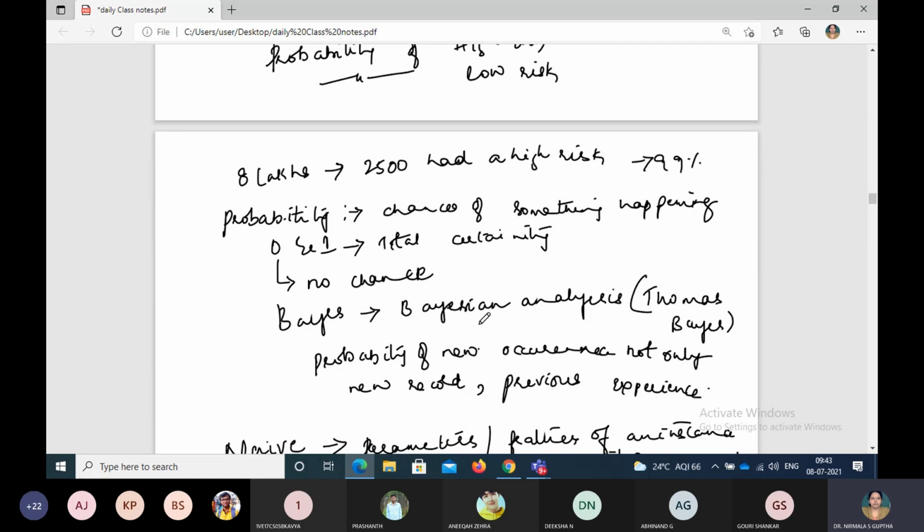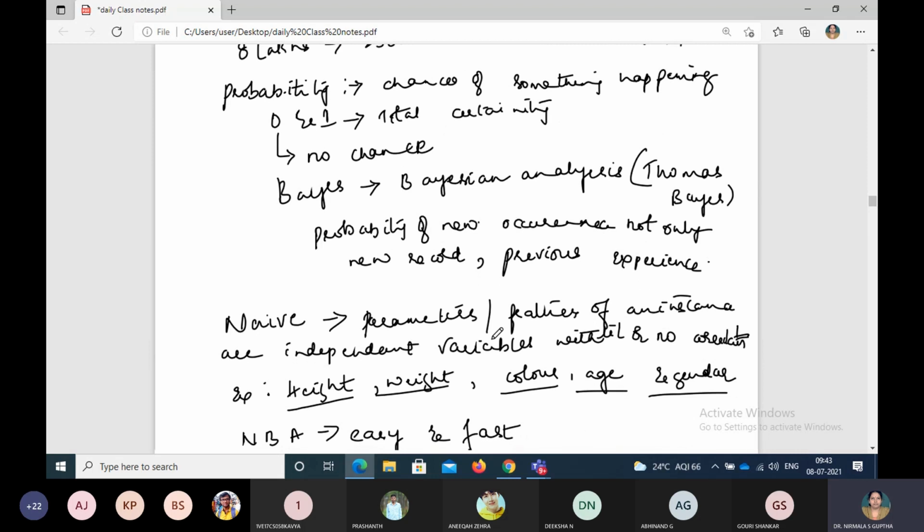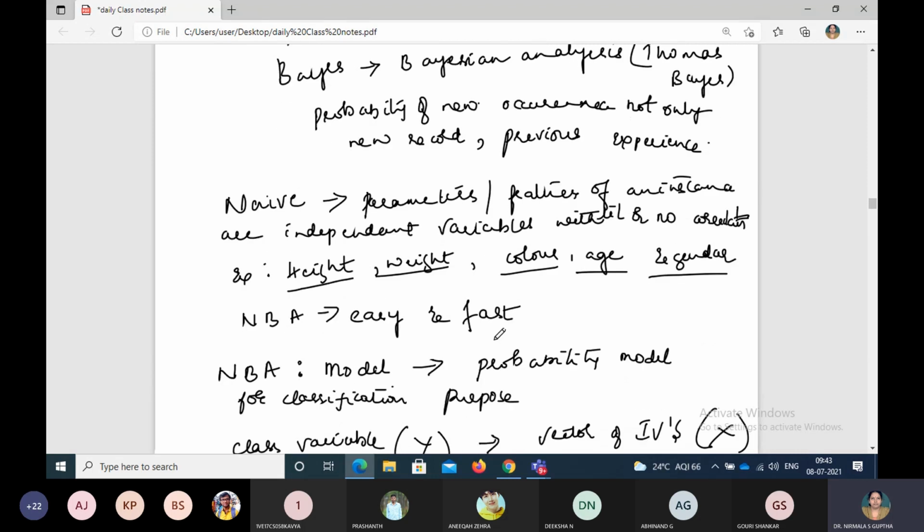Bayes refers to Bayesian analysis, derived from the work of the great mathematician Thomas Bayes, where the probability of a new occurrence depends not only on the new record but also on previous, past experience. And naive means that the set of parameters and features of an instance are independent variables with little or no correlation.